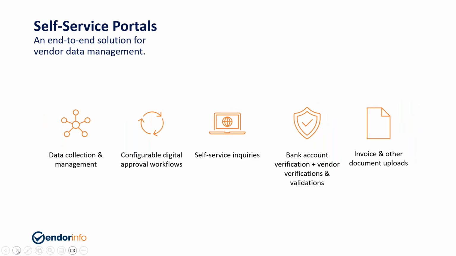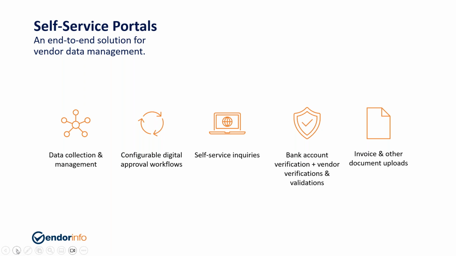Many organizations recognize these risks. And it's for that reason that they're implementing these so-called self-service online vendor portals. These are end-to-end solutions that help us better manage our vendor information, whether that's from vendor onboarding or through vendor master database management.